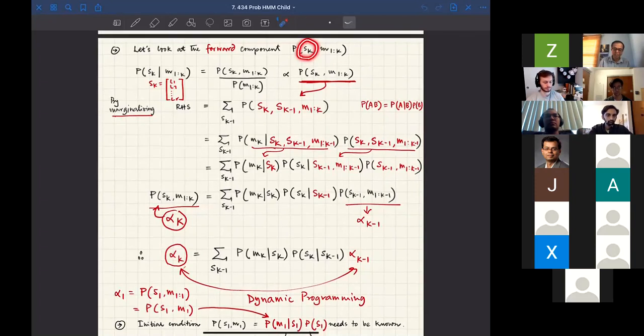If you want to estimate the state at Sk, which is the location of the user at time tk, that's the Sk random variable. Figuring out the probability of this Sk random variable turned out to be a dynamic program.